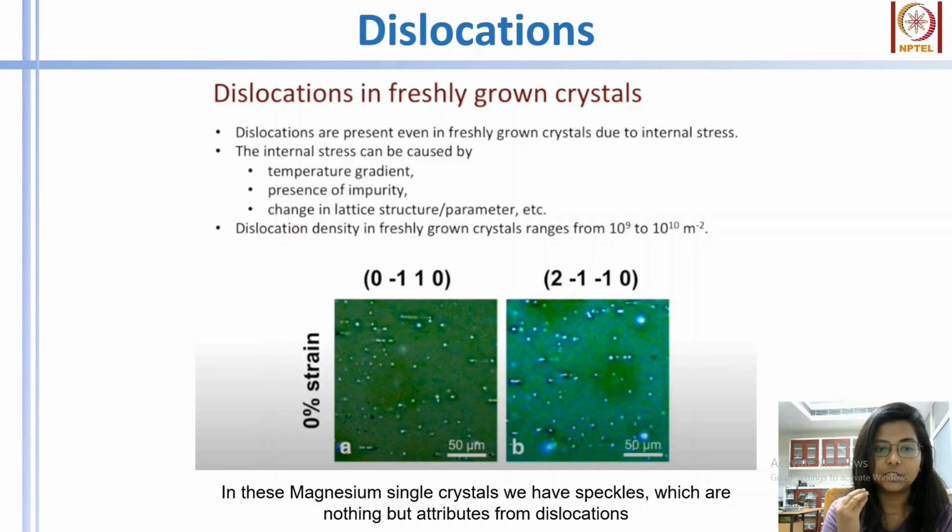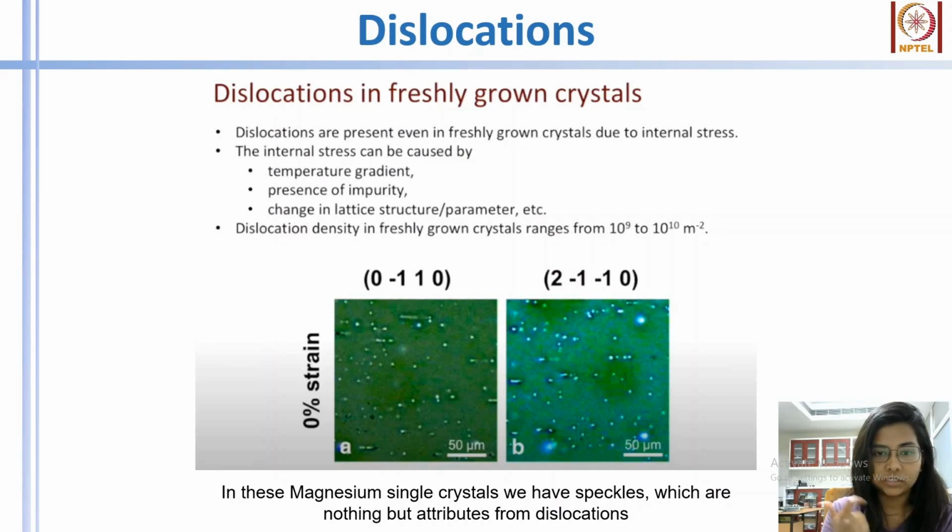And dislocation density in freshly grown crystals ranges from 10 to the power 9 to 10 to the power 10 per meter square. So here what is important is the units. What is the unit of dislocation density? It is per meter square.